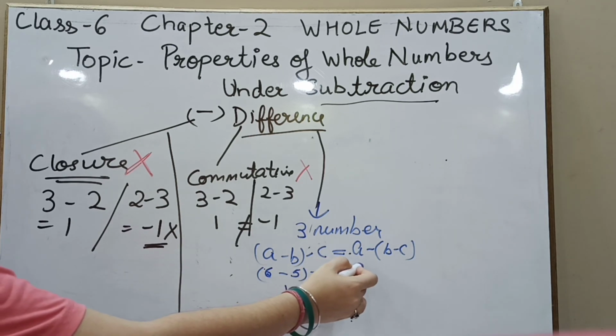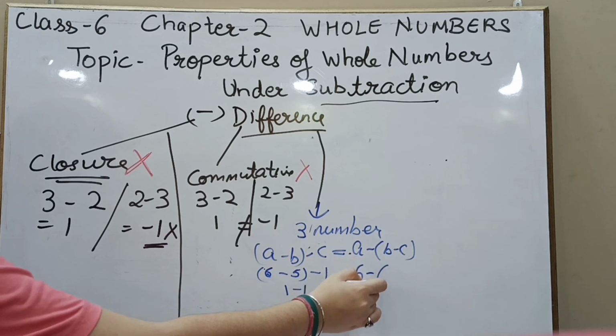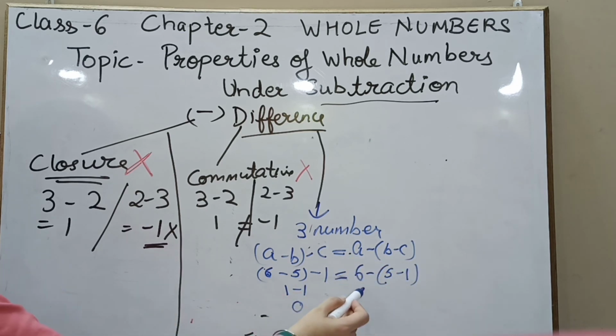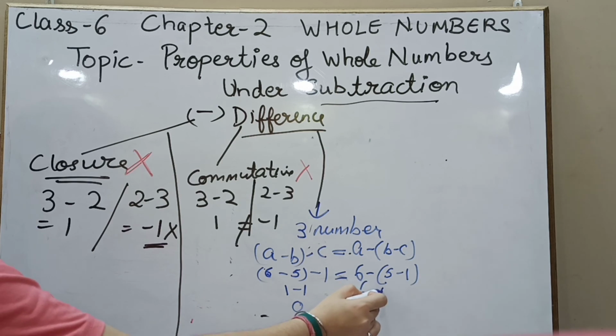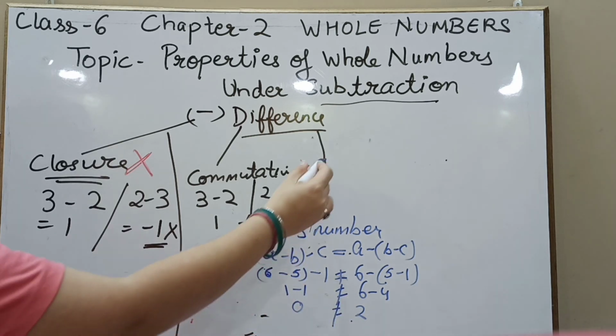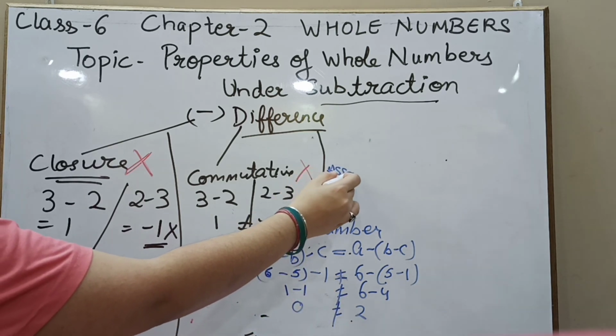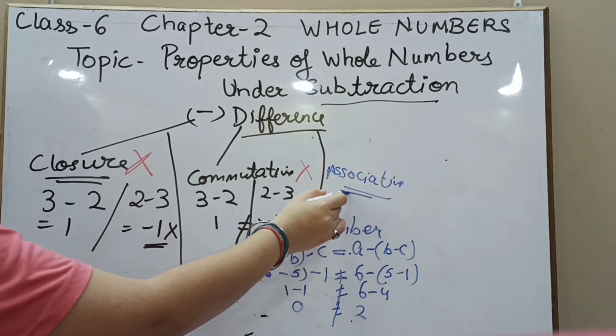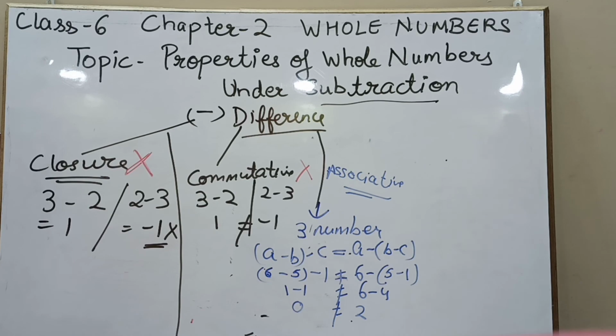Will it be equal to, अगर मैं सिर्फ नंबर्स की ग्रुपिंग चेंज कर दूं, 5 minus 1. 5 minus 1 कितना होता है? 4. 6 minus 4, answer is 2, which is not equal. So associative property is also not true under the operation of subtraction. सिर्फ जो property true hold करेगी, that is the property of 0.